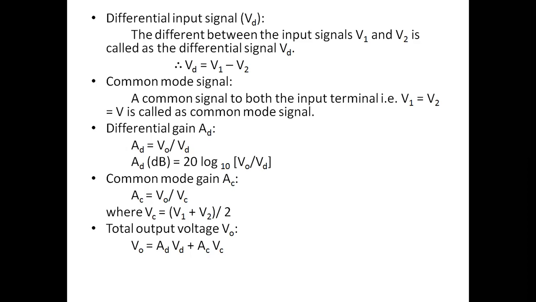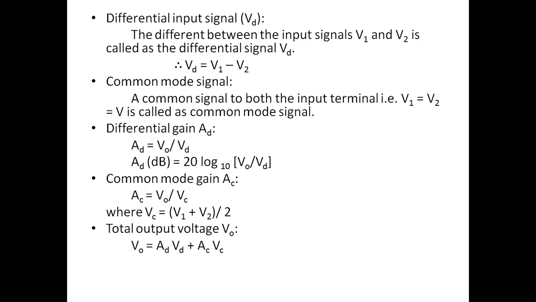Differential we get by taking the difference. Common mode you will get as V1 plus V2 upon 2. It means taking the average of both inputs. So you will get Vc equal to V1 plus V2 by 2. So you will calculate common mode gain AC equal to VO upon V1 plus V2 by 2.